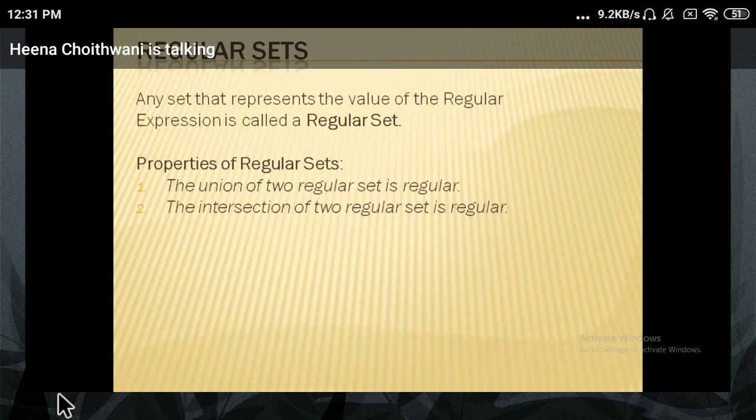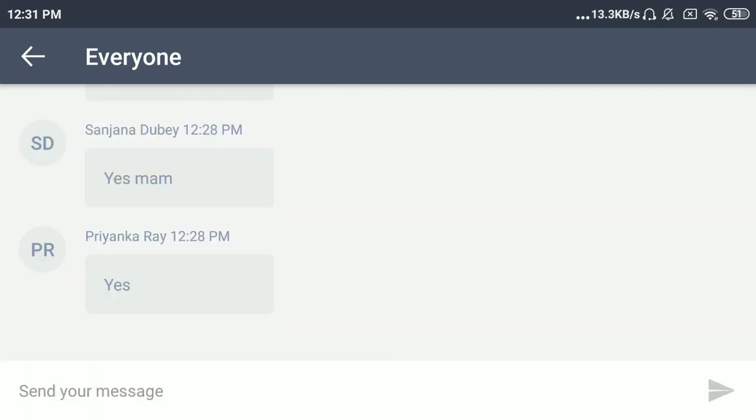Shall we proceed? Is there any confusion between regular expression and regular set? Should I repeat the definition of both? Okay, Harsh is saying it's clear. I'm assuming it's clear to all of you.